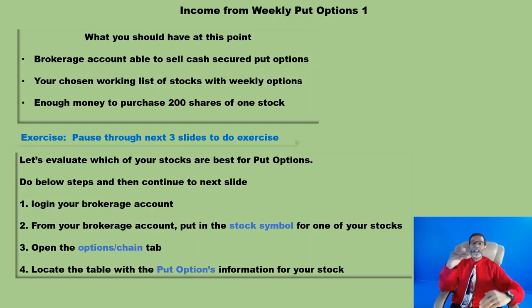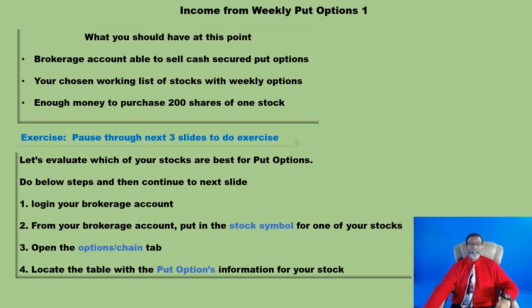If you want to dollar cost average and buy more shares at different other prices to get a better average price, then you have the money to do that. Or if you want to sell another put option, then you would get another 100 shares at a different price. Either way, you get an average price that's lower than the current price of the stock.